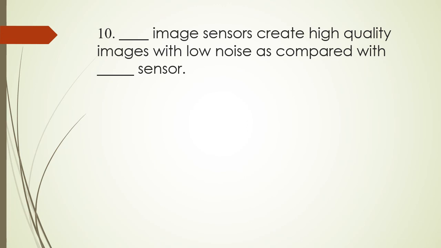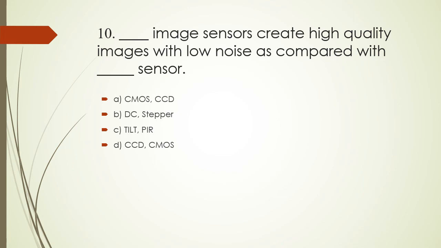Then the last question is, dash image sensors create high quality images with low noise as compared with dash sensor. Options are CMOS CCD, DC stepper, tilt PIR, CCD CMOS.